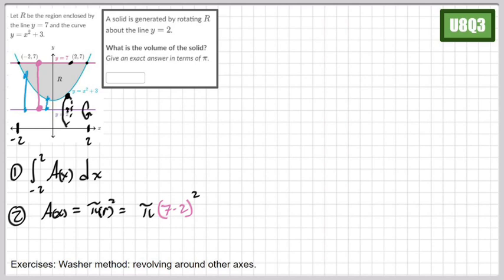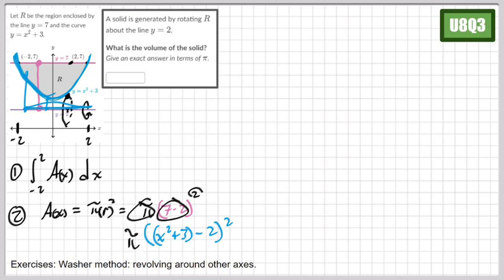It's still going to be the curve, the top, minus the axis of revolution. So that's going to be x squared plus 3 minus 2. Notice in both cases, the 2 is subtracting. The axis is subtracting. So we have pi r squared and pi r squared. And that blue one can be simplified, which I think I'll do right now. Instead of a 3 and a -2, we're just going to have a +1.